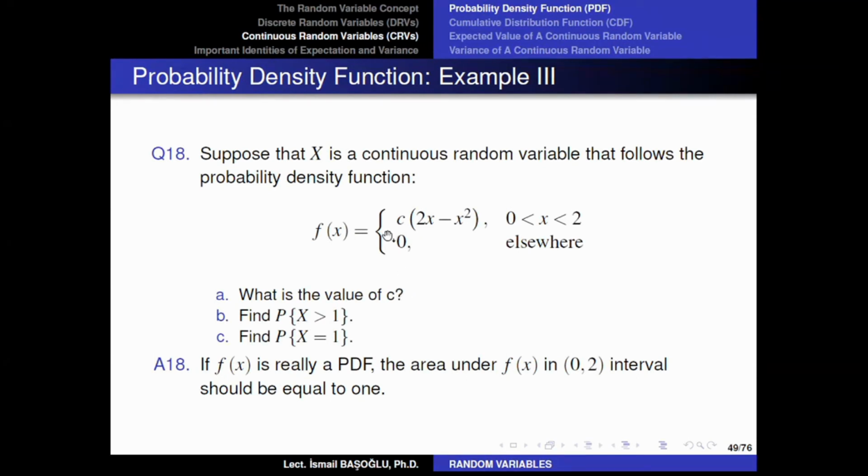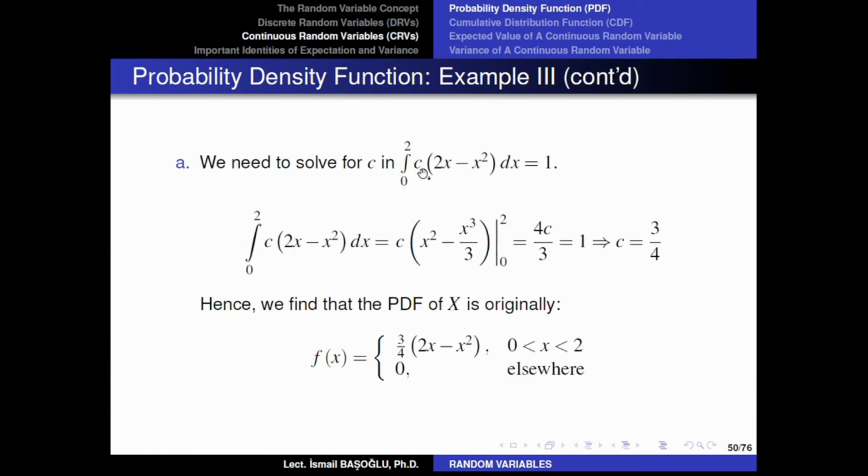Remember, the important property of a probability density function is that the area under the PDF will always be equal to 1. So we are going to integrate this function between 0 and 2, and it is supposed to be equal to 1. And we are going to determine the c value for which this integral is equal to 1. So we integrate c times 2x minus x squared.